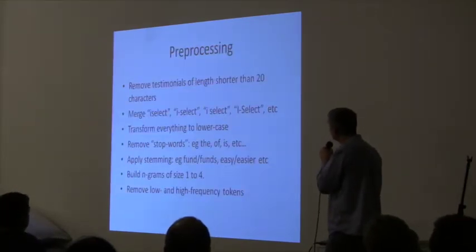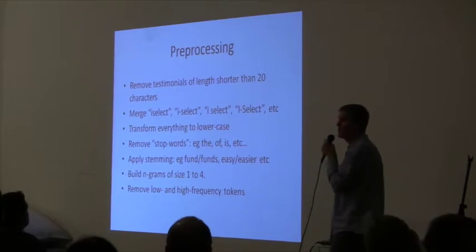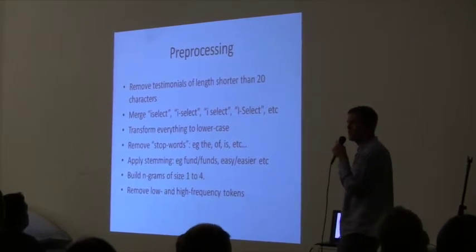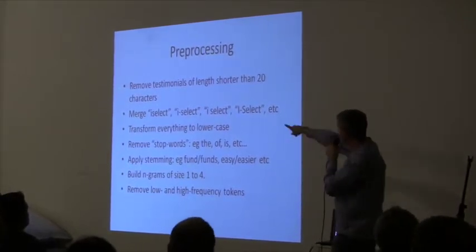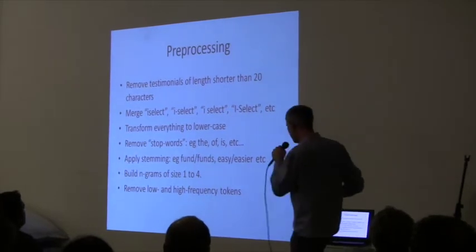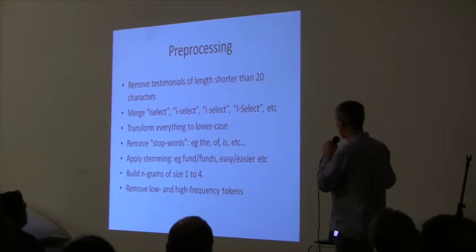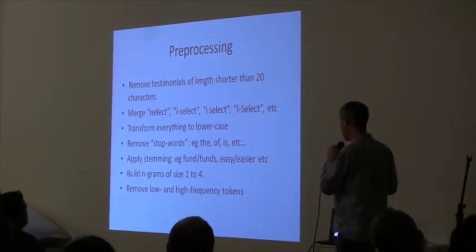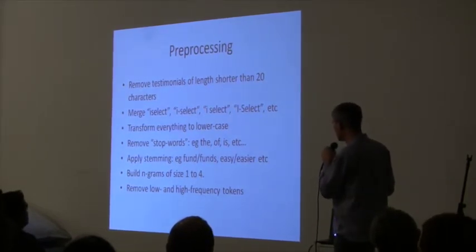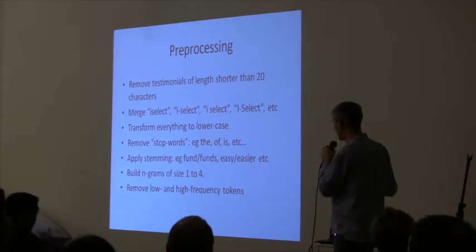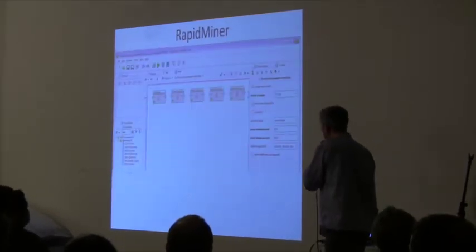I've removed testimonials that are less than 20 characters, the really short ones that weren't that interesting. I've done regular expression merging for iSelect, transformed everything to lowercase, removed stop words, applied stemming, built n-grams, and removed low and high frequency tokens. I'm going to show you what that looks like now.